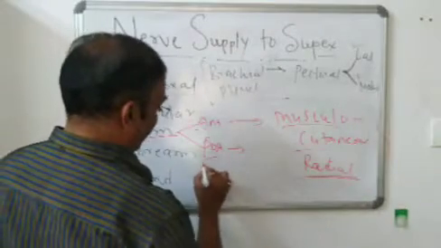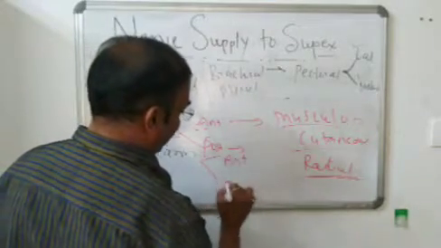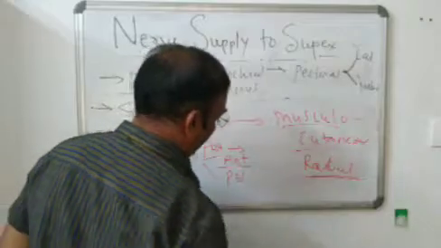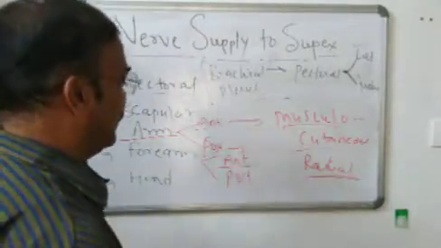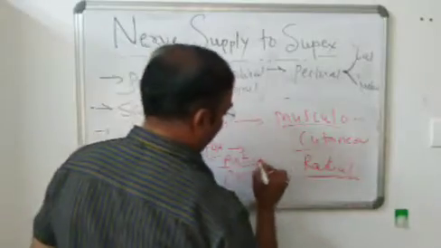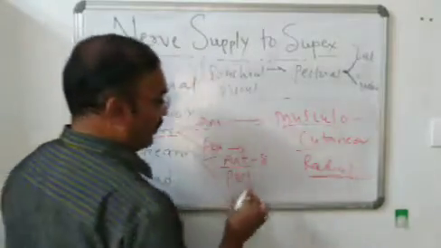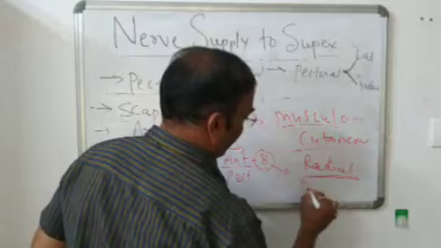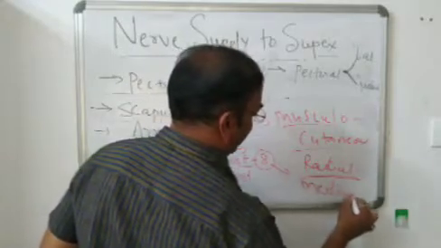The same thing applies to the forearm. It is again divided into two compartments, anterior and posterior. The anterior compartment is the flexor compartment. The posterior compartment is again the extensor. Now in the anterior compartment of the forearm, 8 muscles are present, and all 8 are supplied by the median nerve, again a branch of the brachial plexus.